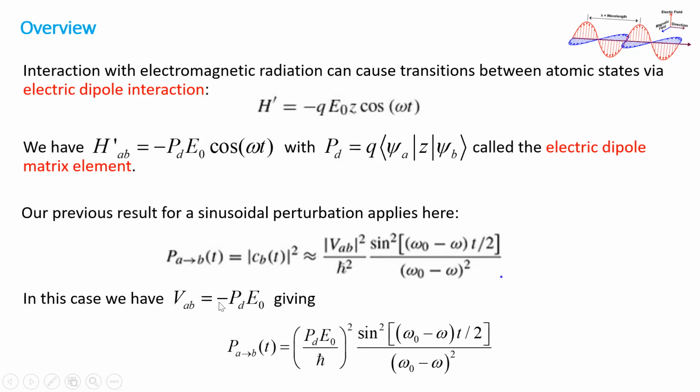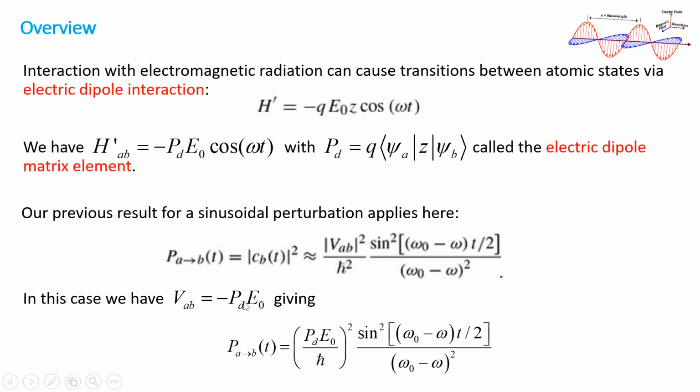Okay, so in this case, we have our VAB. In the leading up to this analysis for the sinusoidal perturbation, our energy was VAB cosine omega t. So here VAB would be minus PDE naught, just reading this off from this equation here.